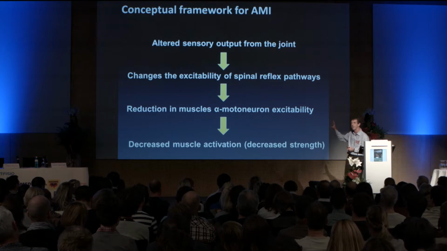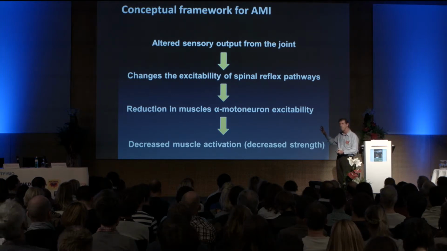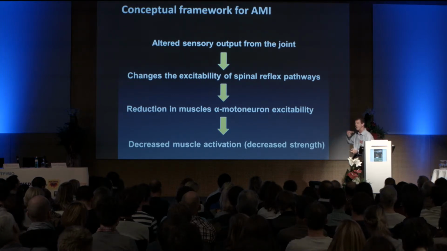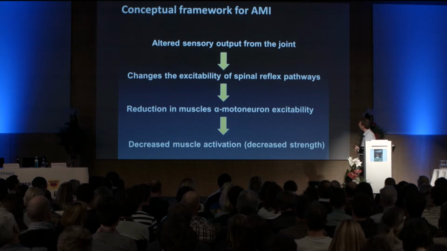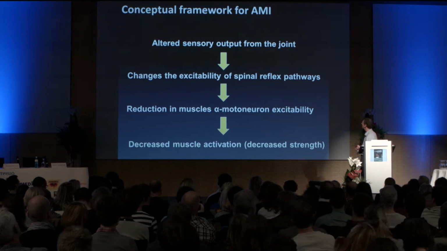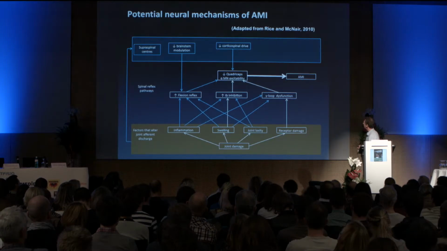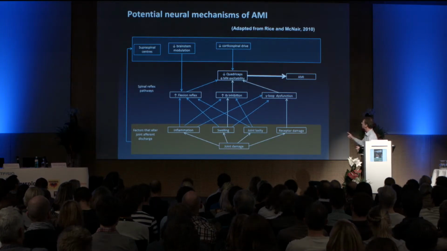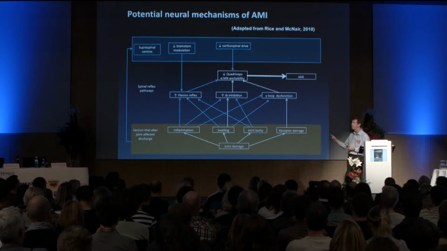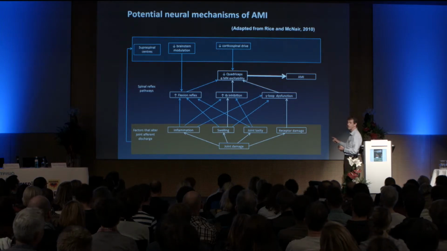Now, that might seem like a very simple and basic explanation of it. It's much more complex than that, but time doesn't permit me to get into this slide, which I'm sure you're looking at and going, oh my goodness, I'm glad he's not going near there.